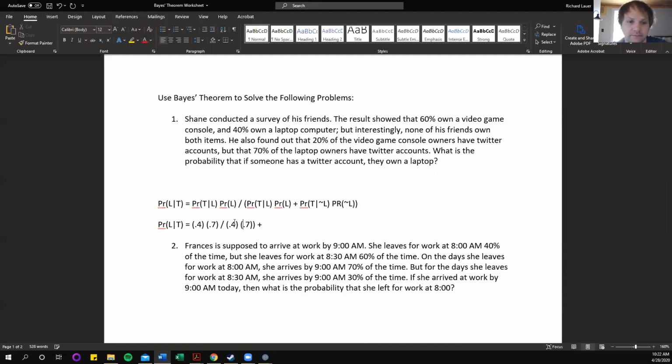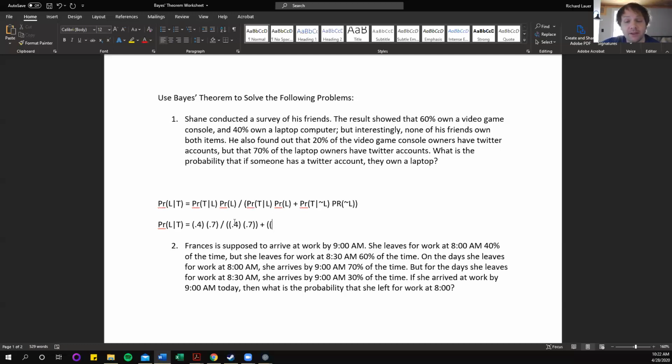And then this is sort of the next hard part. You need to figure out what the probability of having a Twitter account is if you do not own a laptop. And notice that we don't directly state that nobody owns a laptop. And so you have to think about what it means to not own a laptop in this case.